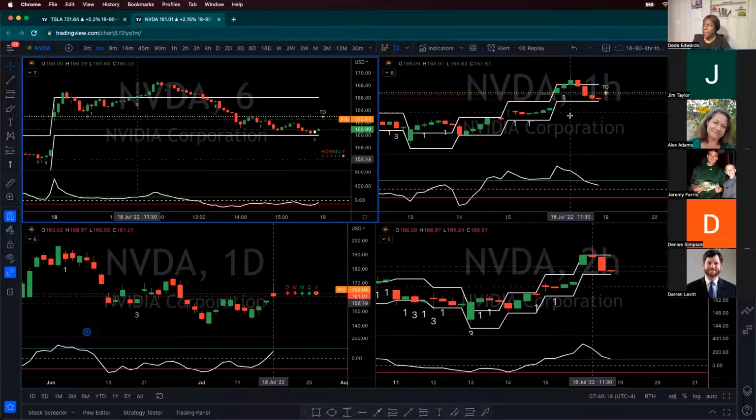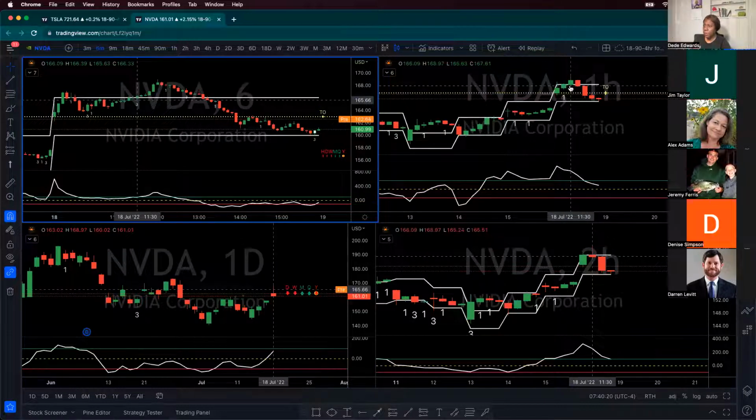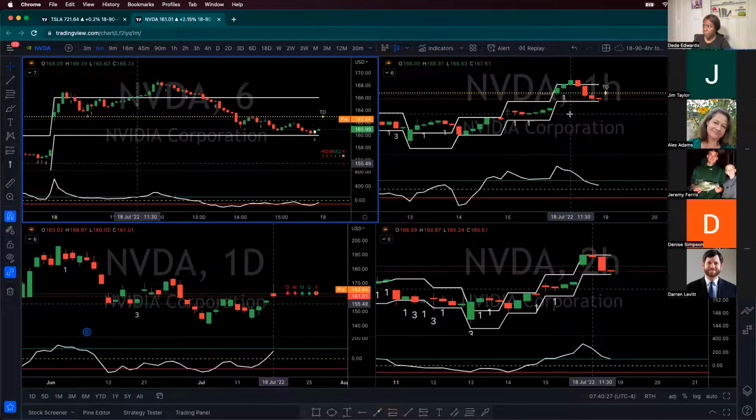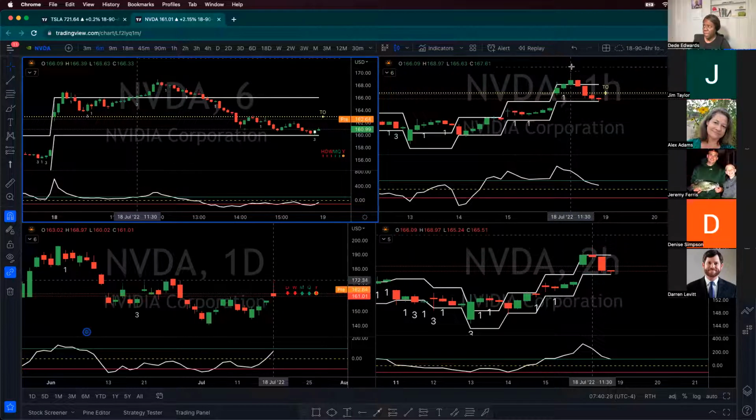Now we're waiting to see if price is going to reverse off of this average daily range. Because remember, our challenge here is to seek a reversal. But if price continues, this is a good thing, but we're looking for reversals off the top of this average daily range. So how do you gauge that?